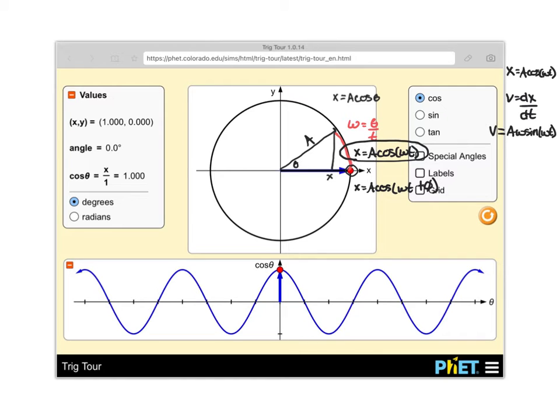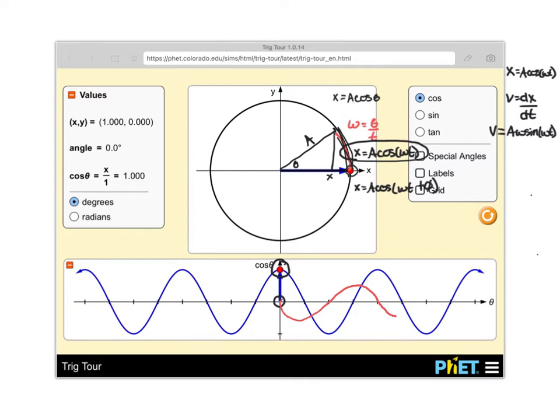So now when we go to do this, rather than starting at our maximum value here, we're going to start at 0. And that's because we're looking at a sine curve, and since it's negative I'm going to go down, rather than a cosine curve.